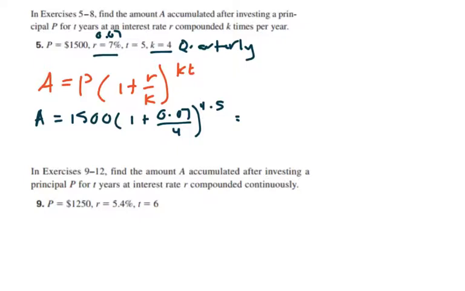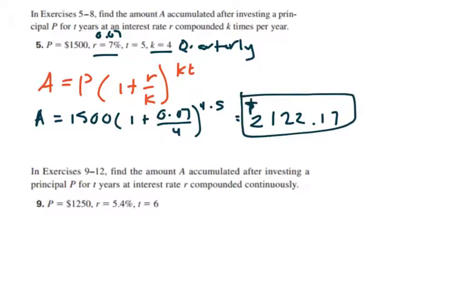In order to solve this one, we again start with the parentheses, so 0.07 divided by 4, add that with a 1, bring that to the power of 20, 4 times 5, and then times 1500. And so this investment, after 5 years, is going to result in $2,122.17, for money, it's a dollar sign. Okay.